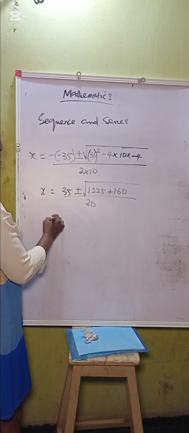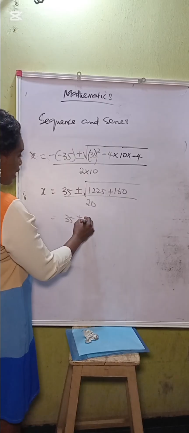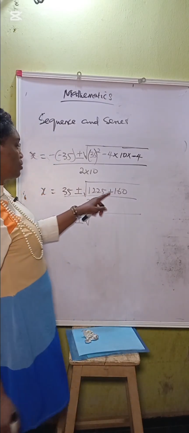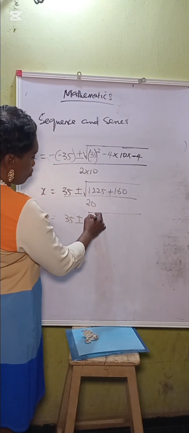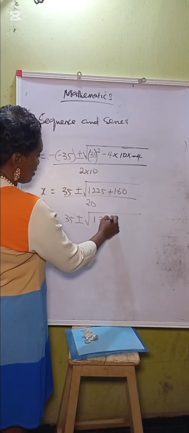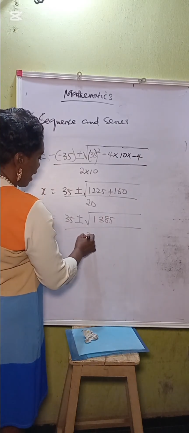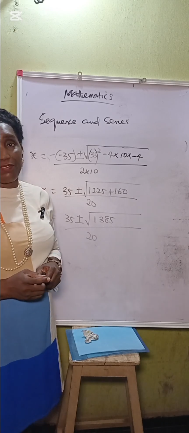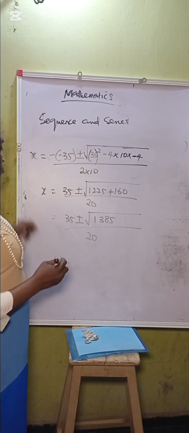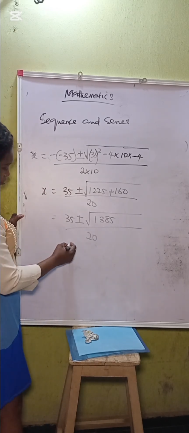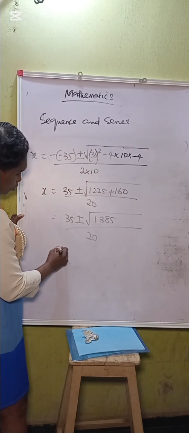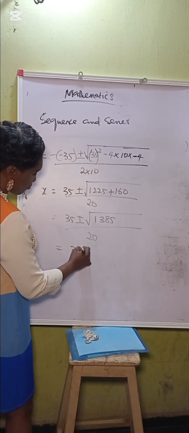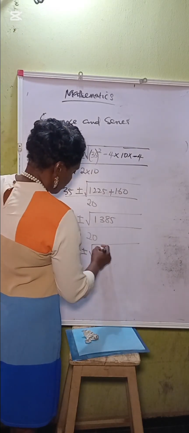So now 35 plus or minus root, let's add this up, 1385, all over 20. What is the square root of 1385? 37.21.